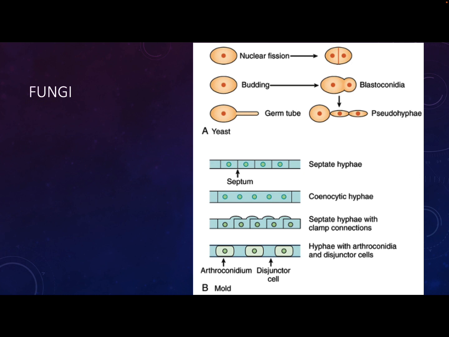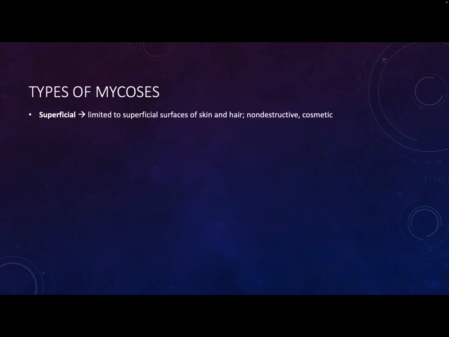You have binary fission, budding, these long structures. Their hyphae can be septate, meaning it's like individual cells, or it can be without the individual cells. So they do a lot of different things. Fungi just can look different depending on where they are and what their life stage is.